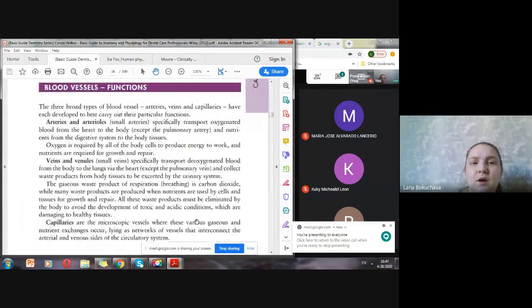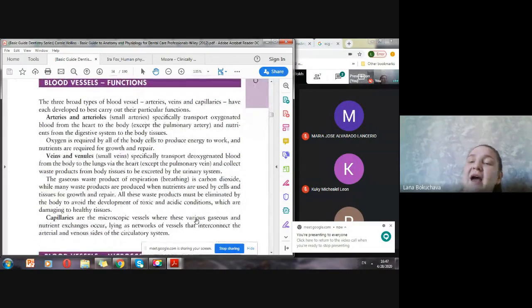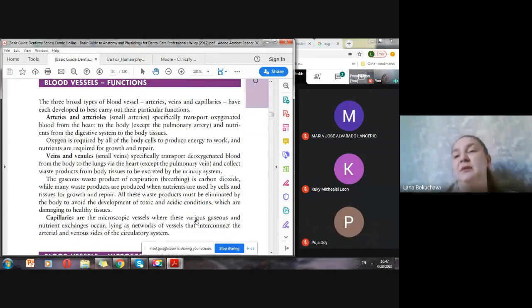Okay. So as we said, we have two main types of blood vessels. Oh, sorry, three main types of blood vessels. These are arteries, veins, and capillaries. The arteries branch into smaller arteries, because according to diameter there are different types of arteries, and the smallest ones are the arterioles.